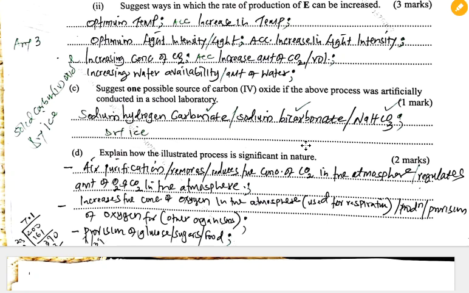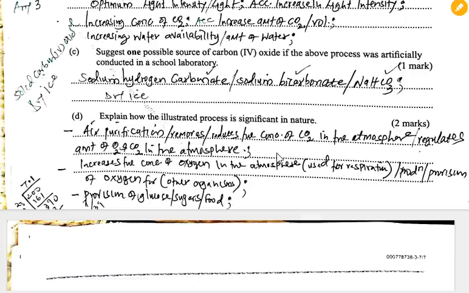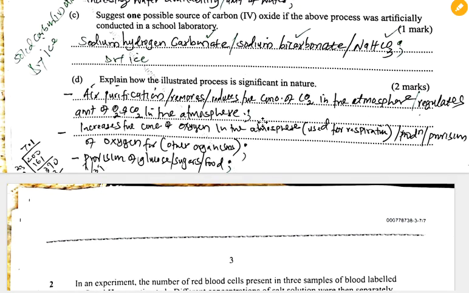Then part D, explain how the illustrated process is significant in nature. And number 1, photosynthesis is significant in that it leads to air purification, or in other terms, removes or reduces the concentration of carbon dioxide in the atmosphere, or regulates the amount of oxygen and carbon dioxide in the atmosphere.